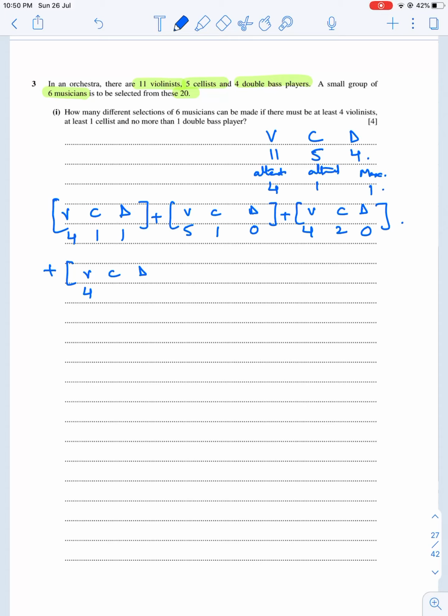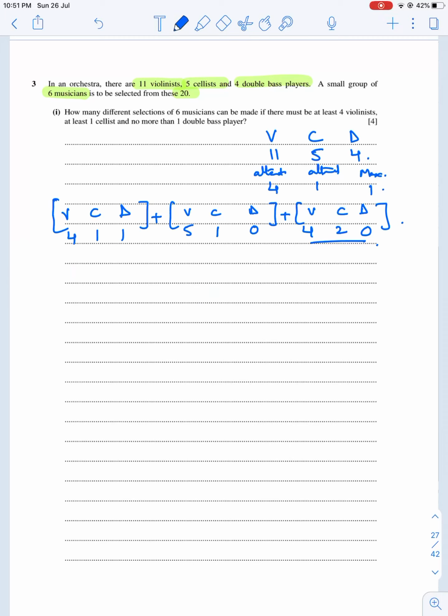Okay, I can take 4 of these, 2 of these and 0. This I have already done. Okay, I think these are the 3 options. We don't have any other option left now.